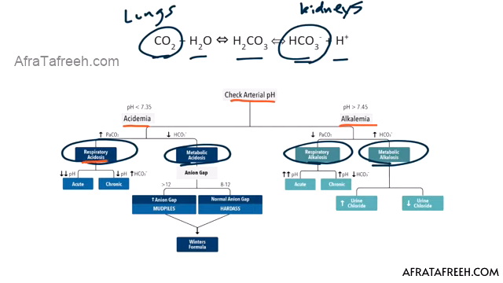Let's take, for example, a respiratory acidosis. We've checked the pH and it's lower than 7.35, so we know the patient has an acidosis. We also know there are only 2 types of acidemias, so we now need to determine if the patient has a respiratory acidosis or a metabolic acidosis. If we check the carbon dioxide and we see that it's elevated, we have our answer. The patient has a respiratory acidosis. This makes sense.